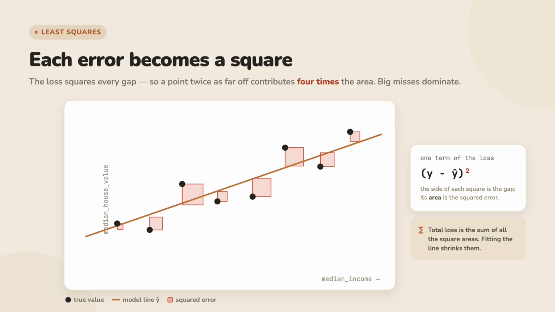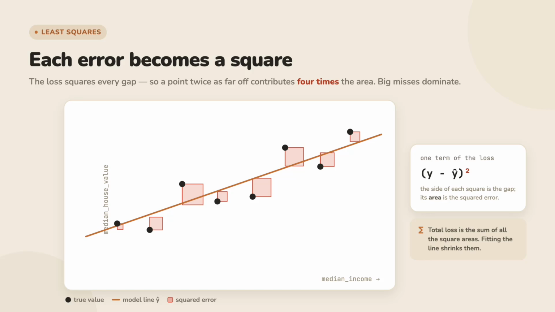the error for values that are really far from the predicted line gets punished more. So an error of 4, right, counts twice as much as an error of 2.